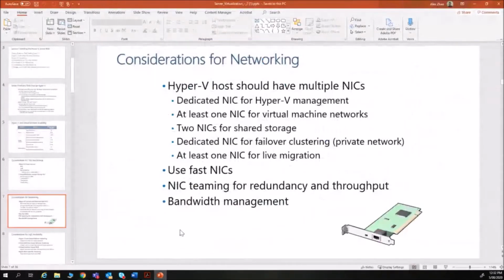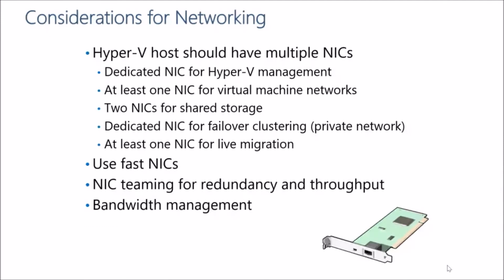Yeah, so basically from our point of view, it's not so much what the specific speed of the NIC is. We would obviously try to get the highest speed we can afford, because don't forget, we don't need just one NIC, we need several.